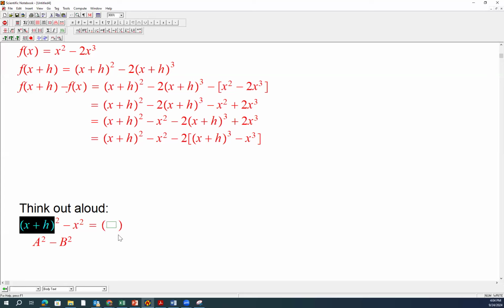So x plus h plus x, multiply x plus h minus x. Okay, if you like to put a bracket around them, you'll see better that way.